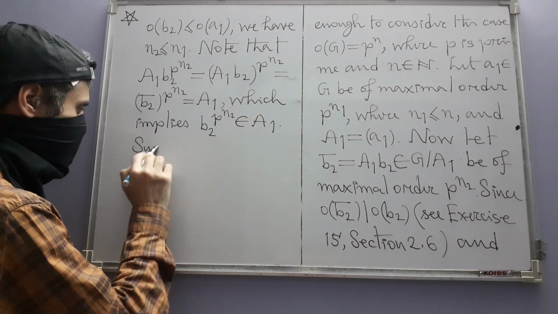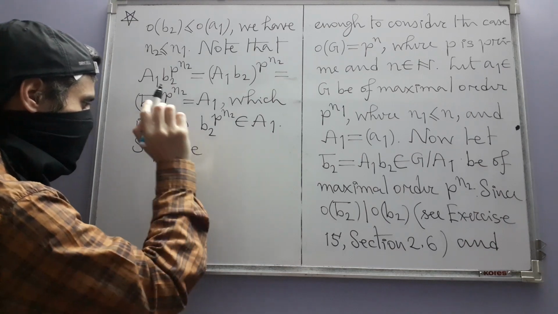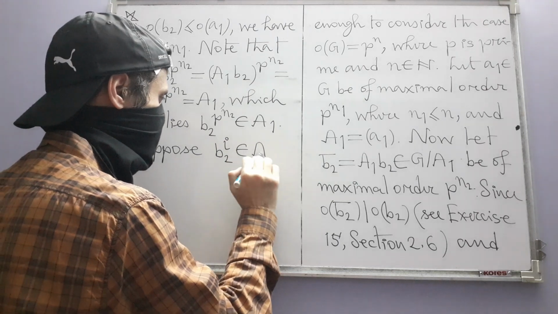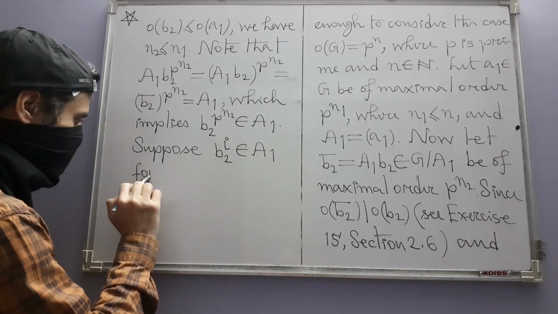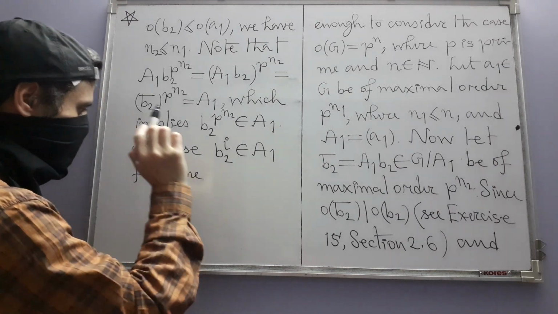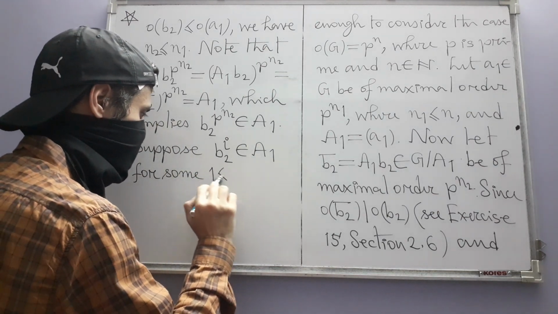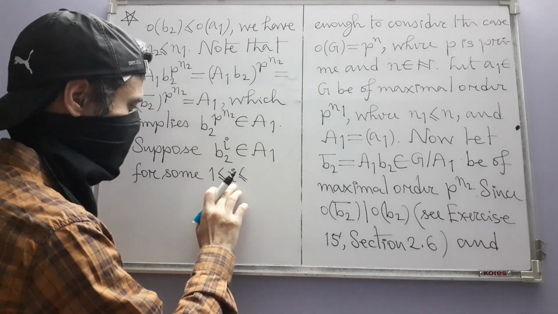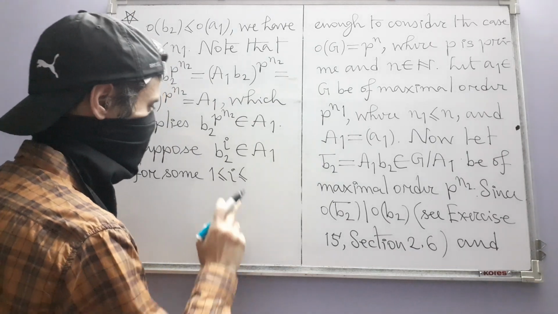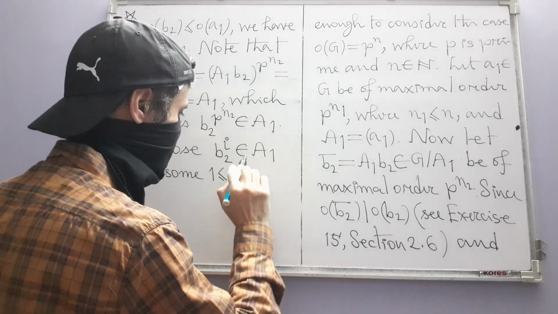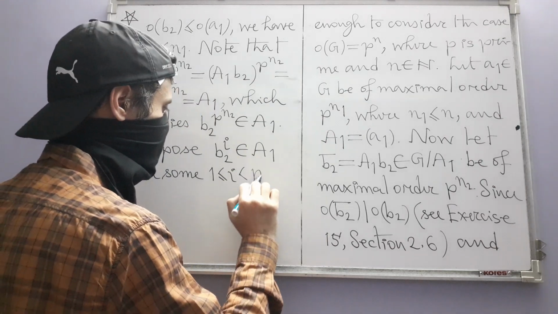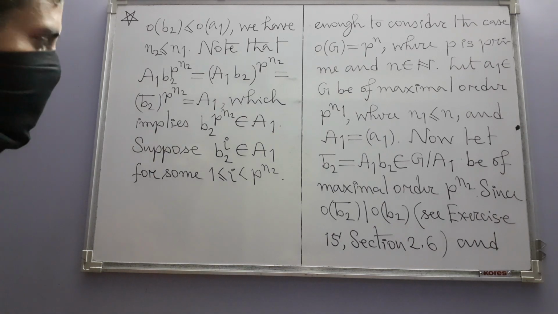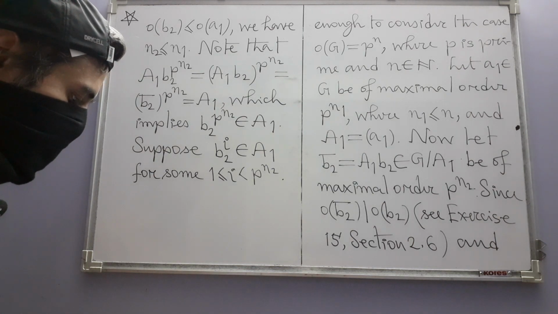Suppose that b2 to the power I belongs to a1 for some integer I. It's understood from the context that here I denotes an integer strictly less than p to the power n2. Actually something will go wrong with this supposition. But what?